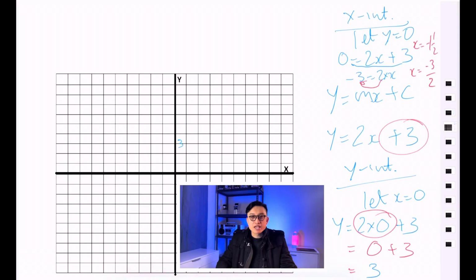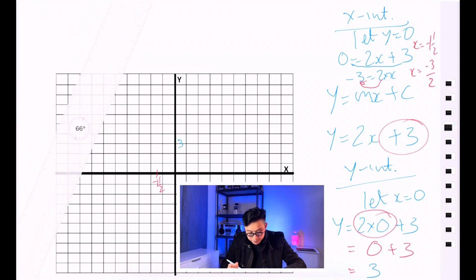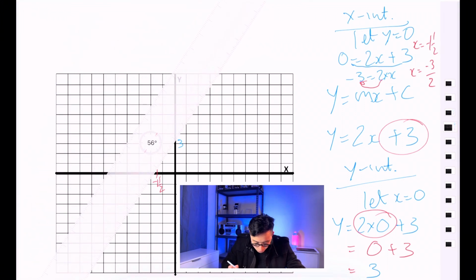So how do you locate negative 1.5 on your x-axis? Well, you go to the x-axis and you find negative 1.5. Then you grab your ruler out. Your sketch will always be better than mine. A bit tricky. And there you go.